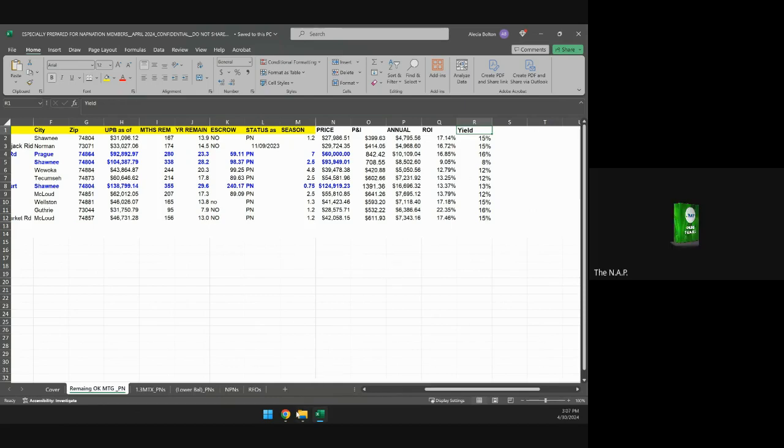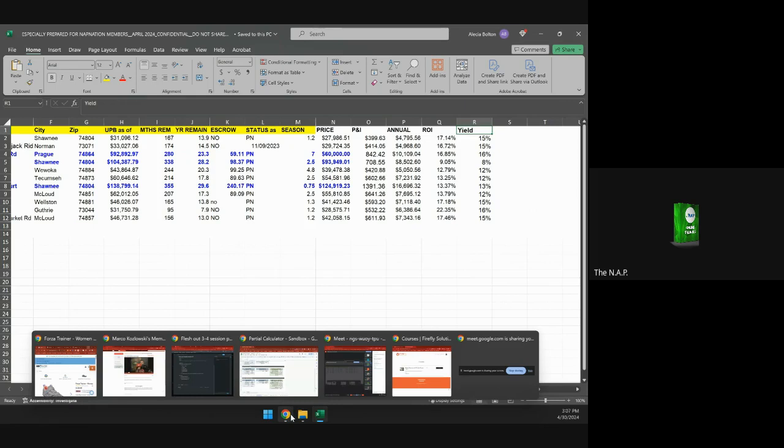How important are remaining months? Do you shy away from loans that have 100 months or less? Obviously the more the better, because it's easier to make partials on ones with longer terms. But I usually want at least 5 years remaining, so at least 60 months.